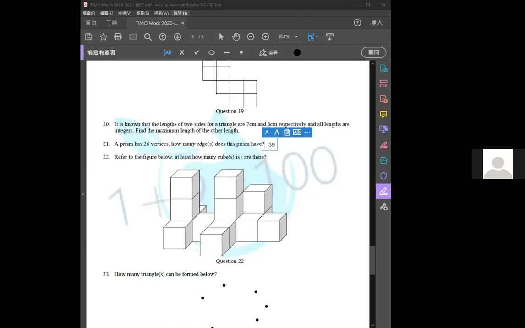But you just need to understand the formula, or maybe you would just figure it out using the relation between edges and also vertex. So the answer is 39. And then just 1 second.